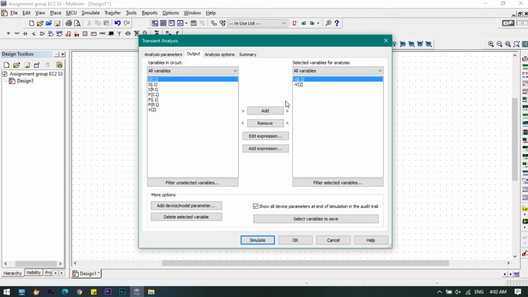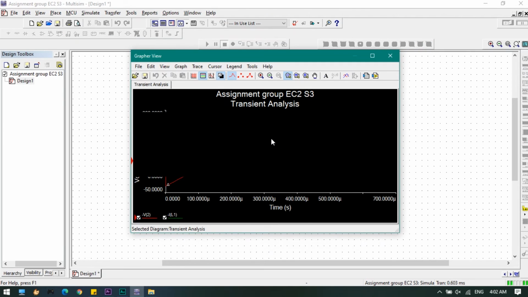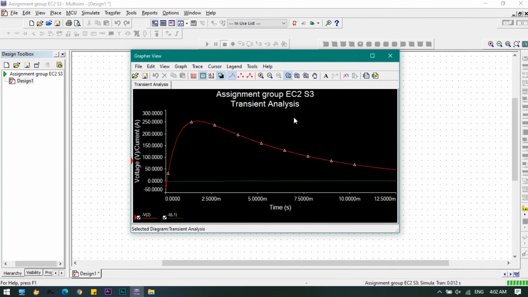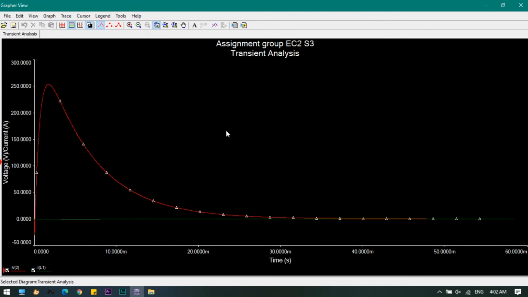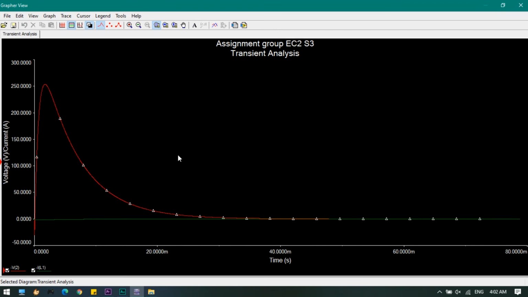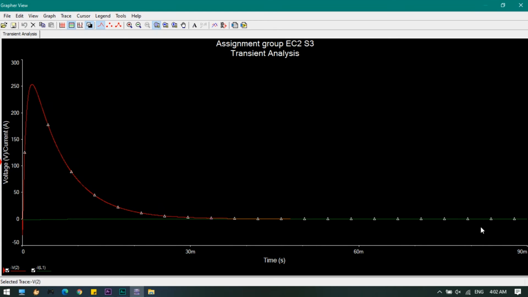Okay, the resistor for the first case, the overdamped case, is 150 ohm, and here we are going to see the graph for the overdamped case. I have set the end time to 90 millisecond, and the output is negative current and negative voltage.